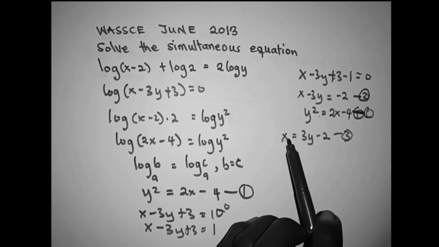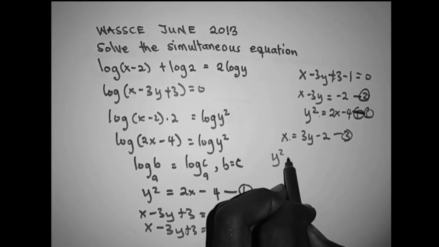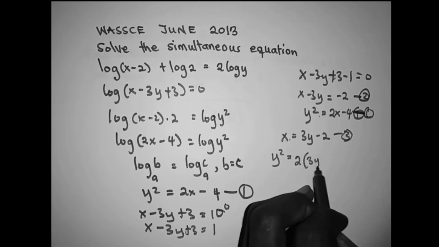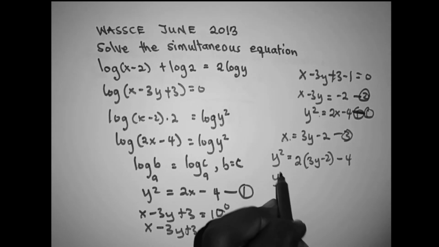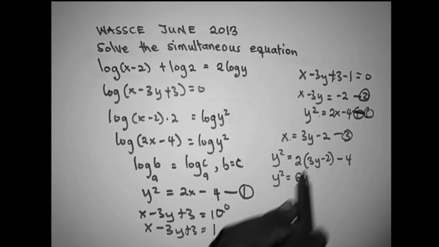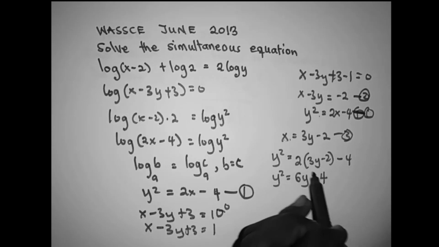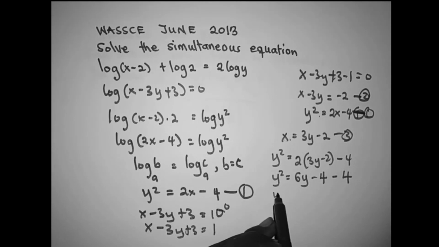So let's put the value of x in this equation. So y squared becomes 2 times 3y minus 2 minus 4. So y squared is equal to 2 times 3y is 6y, minus 2 times 2 is 4, then minus 4.